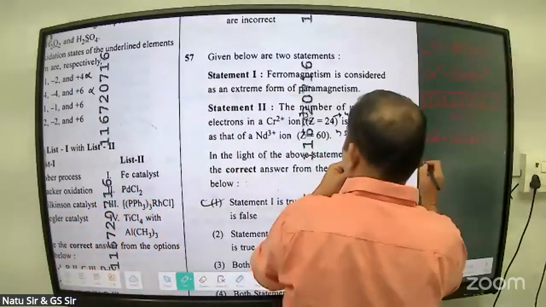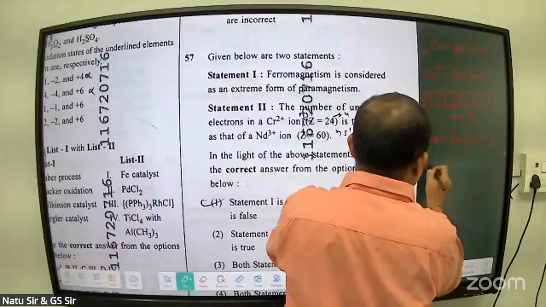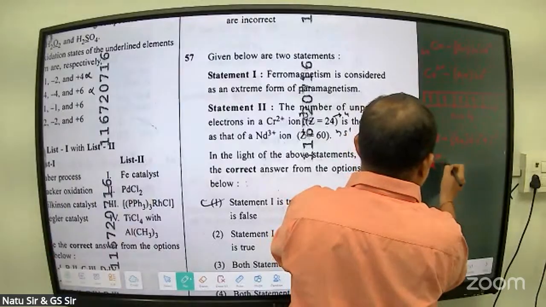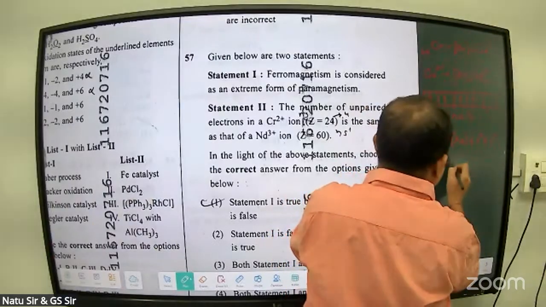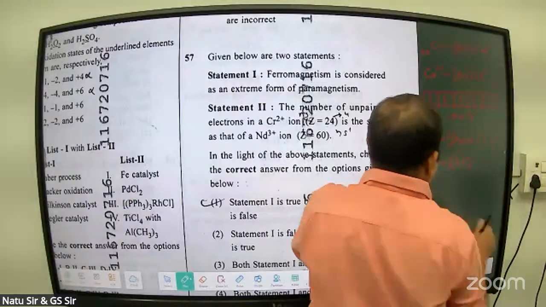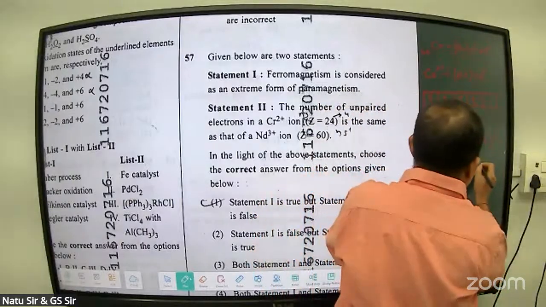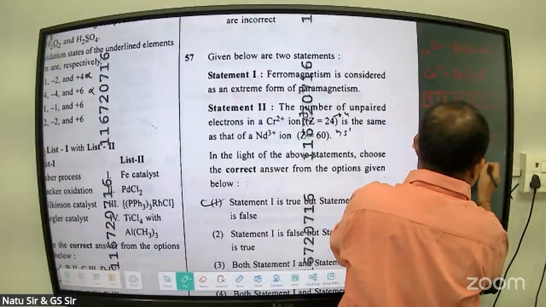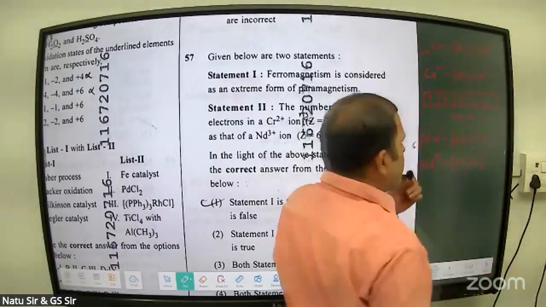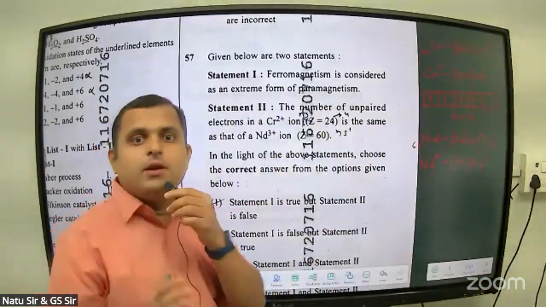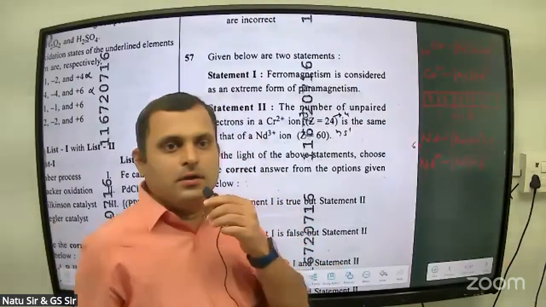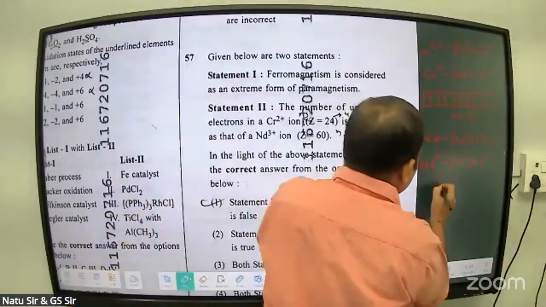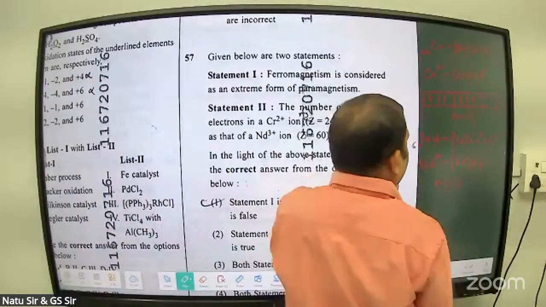Whereas in case of Nd3+, first of all, 6s2 electrons will be removed and one more electron will go from 4f4. So this will become 4f3. So here you can see there are 3 unpaired electrons in 3 f orbitals. So here it is equal to 3.